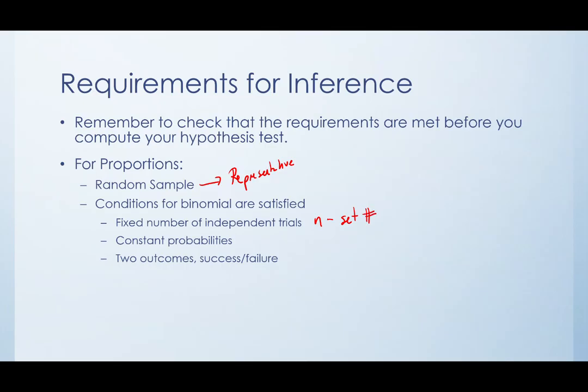Your probabilities must be constant, right? You can't have the probability of a success changing as you draw your sample. So generally that means that you're sampling with replacement, or that your sample size is so much smaller than the population that even if you're not sampling with replacement, the probabilities aren't changing enough to worry about.